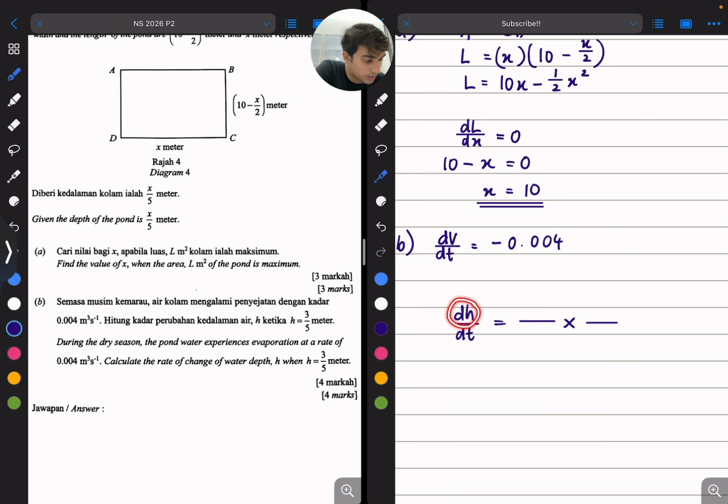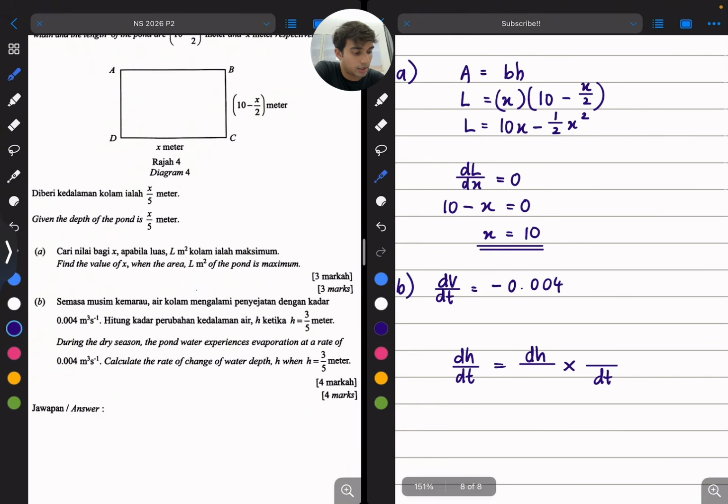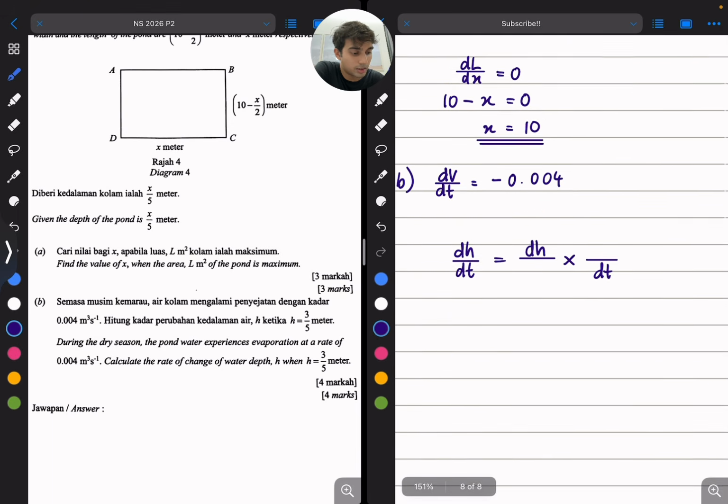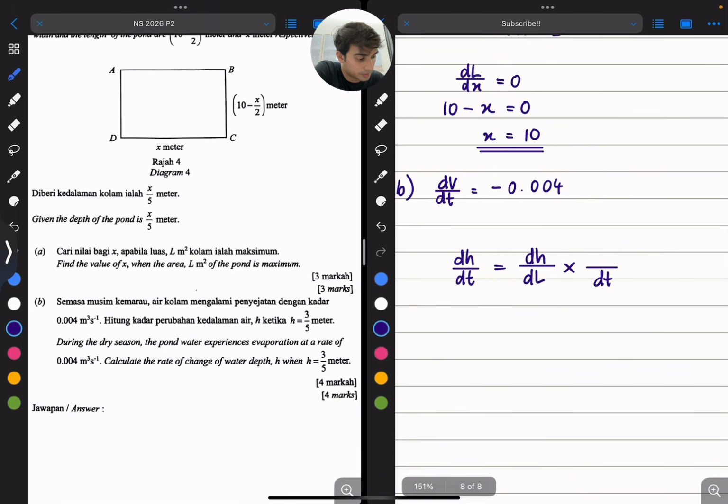The top one you must write here, the bottom one you must write here. This is chain rule. It always applies the same thing. So dh dt here. And then here I write something common. So in this case we have dl. So I'm just going to write dl here. Okay. This is our chain rule.